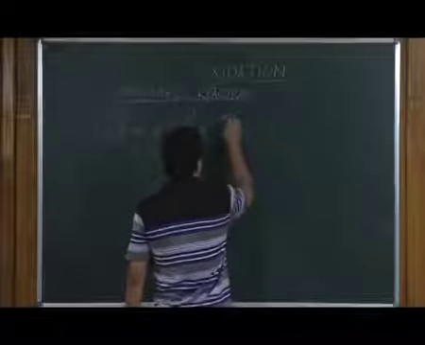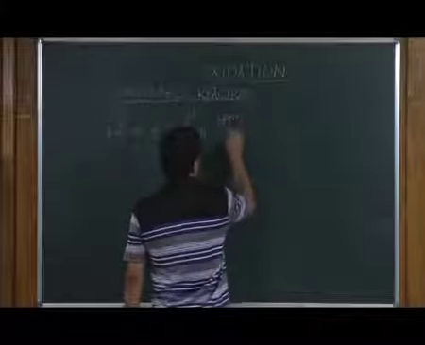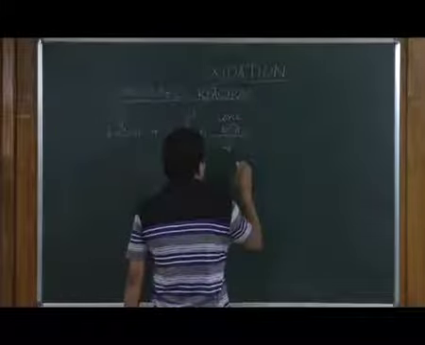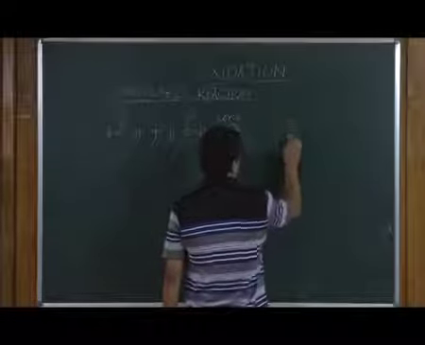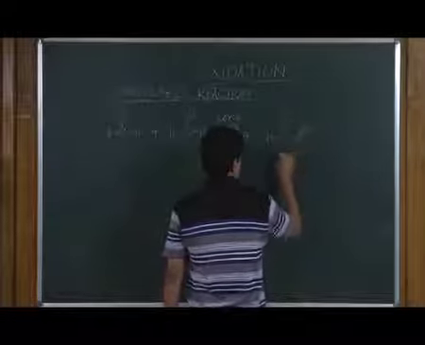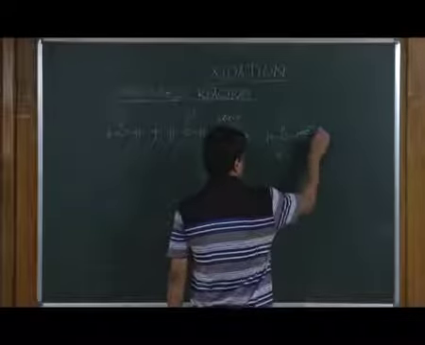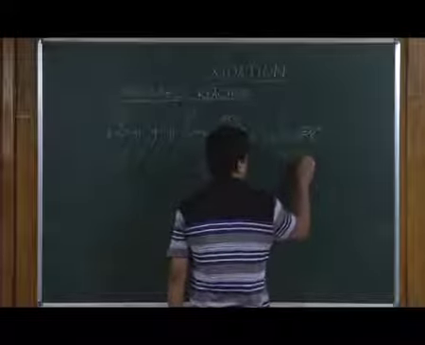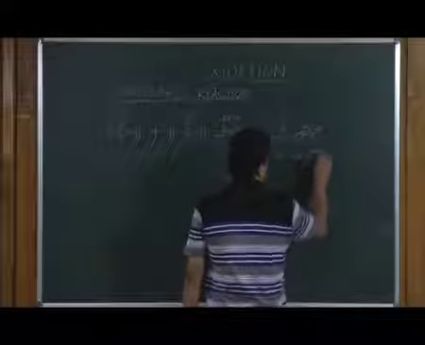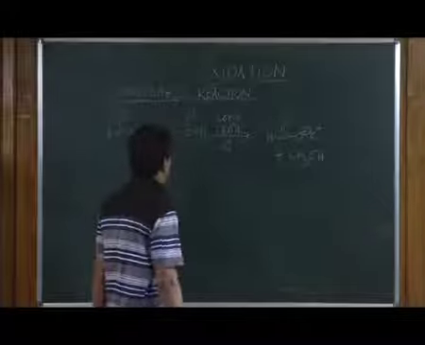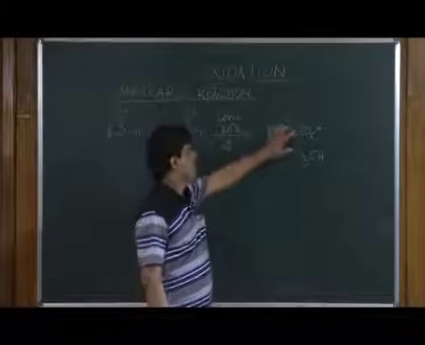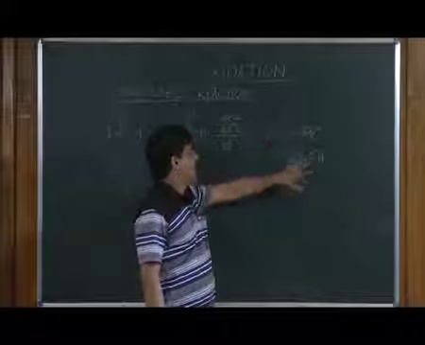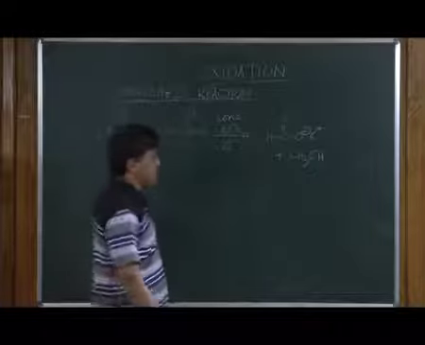With concentrated KOH, and you have to heat it, then you get formate, potassium formate, that is the acid actually, and then you get methanol.